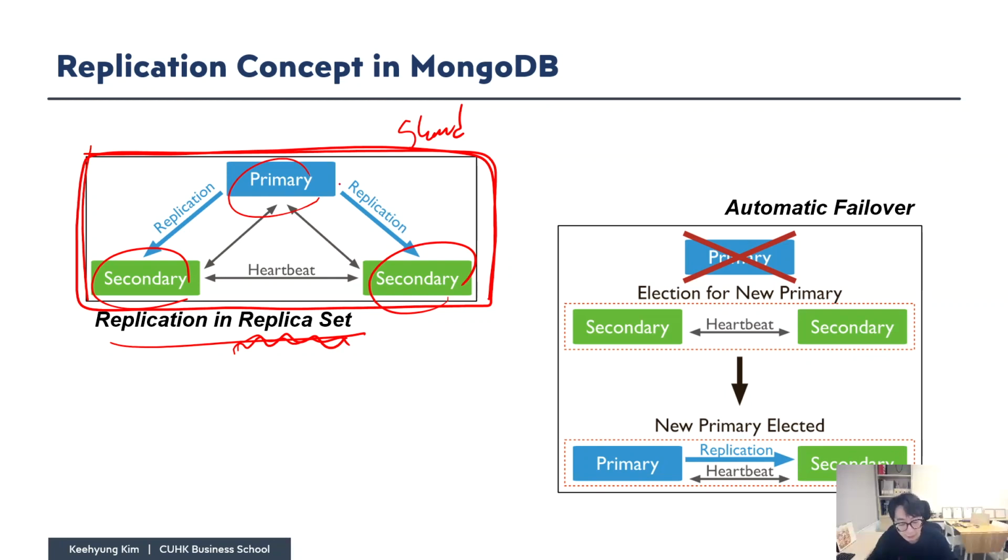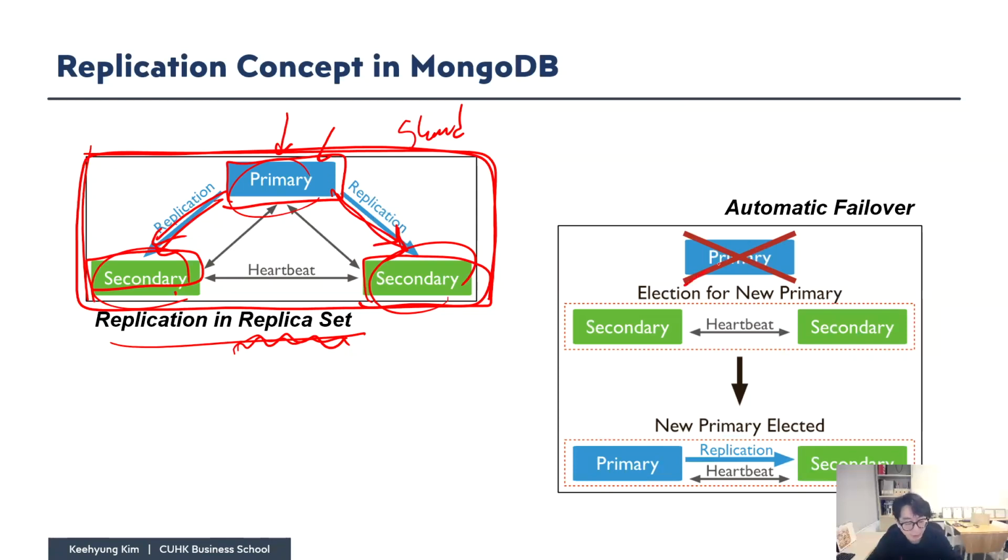When there are multiple servers, one server will be the primary server, which stores the latest, most up-to-date data. And there will be secondary servers here and here. The secondary servers will copy information from the primary. So whenever there is an update in primary, it will copy into secondary. So they will keep having communication regularly. And it's possible in the future that one server may die.